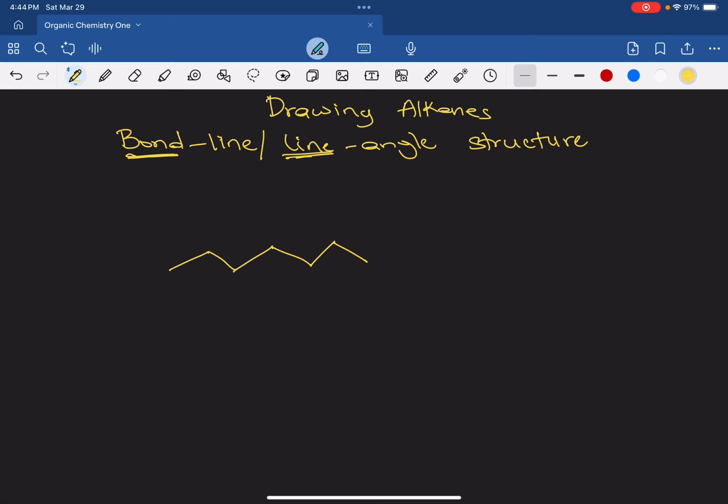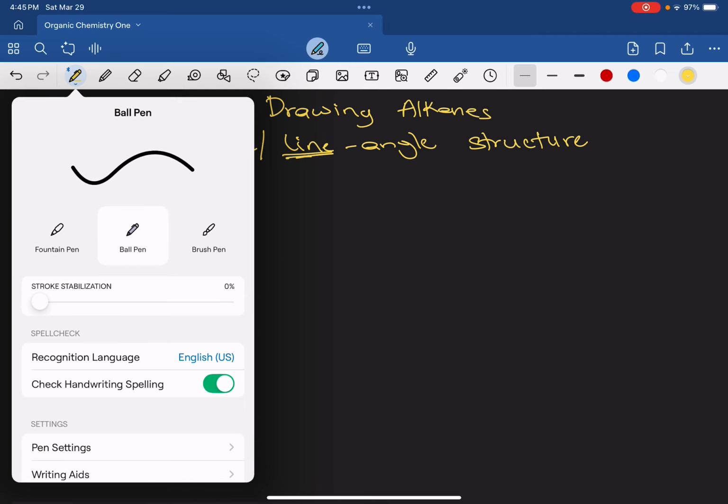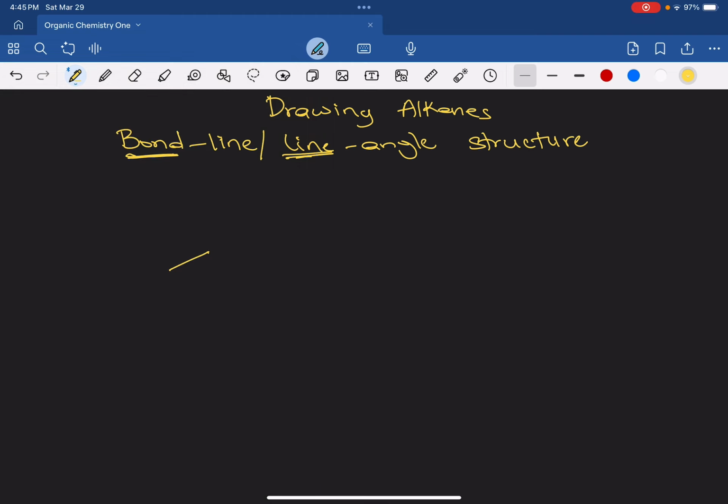You're connecting bonds. The important thing is, what do the lines mean? So bond, bond, bond. That's it. So here's the key: at the end of every line is a carbon.